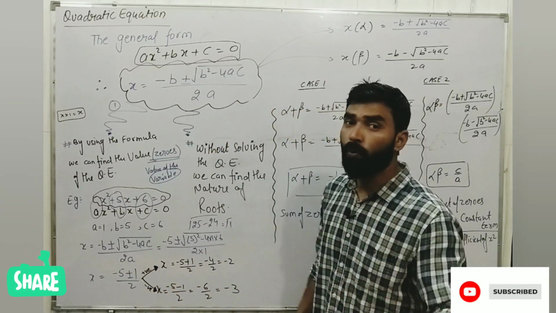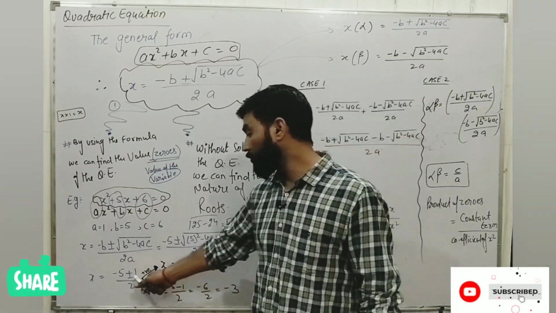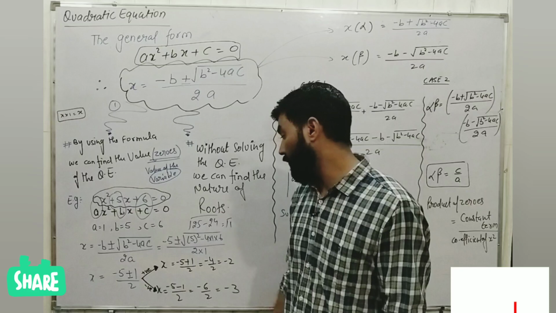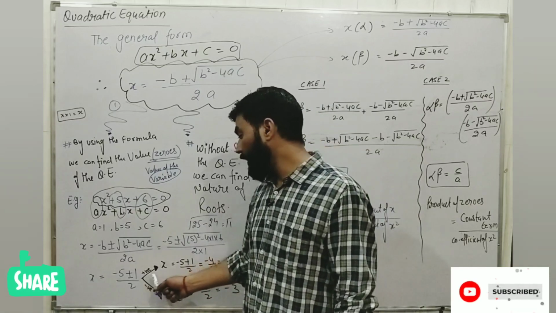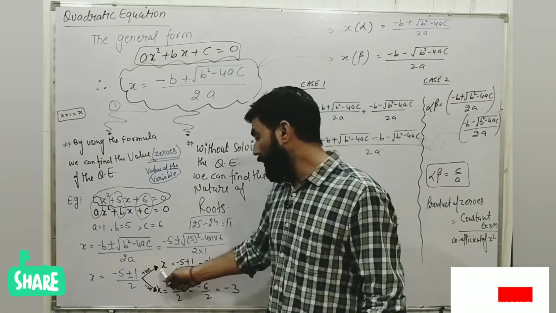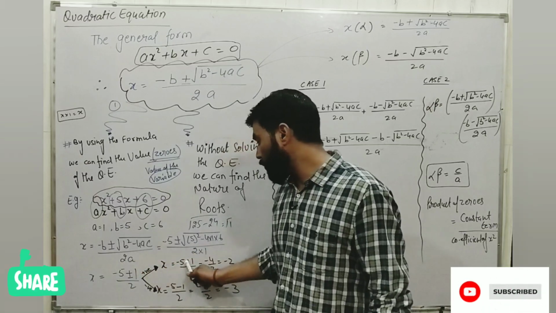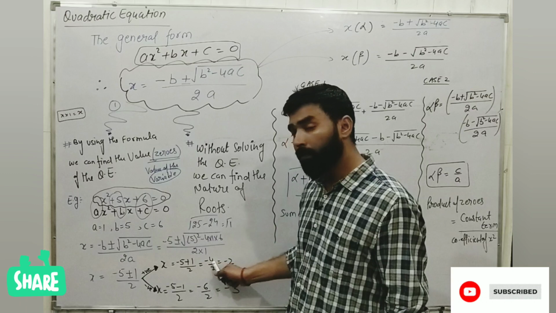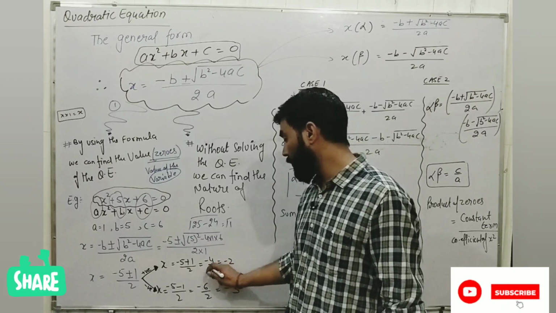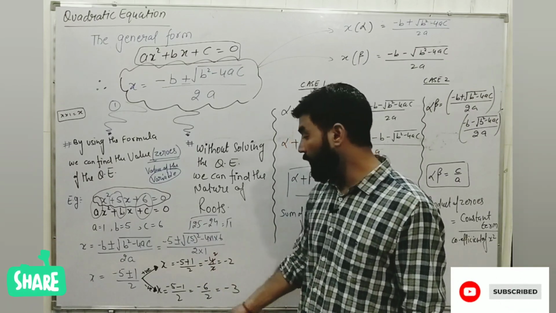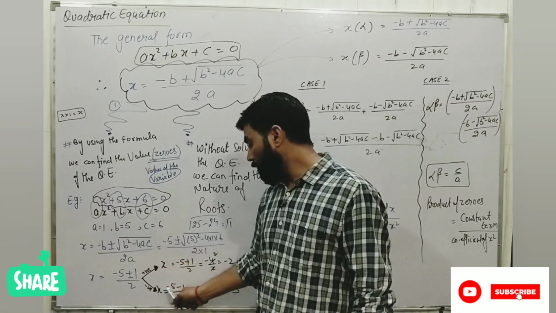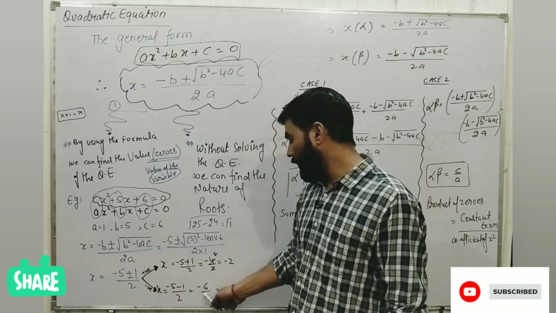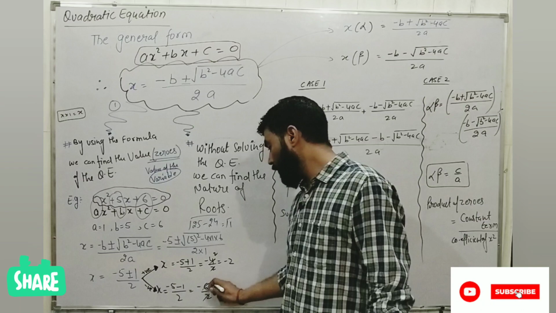Now here two cases are there. Either the value can be positive over here or the value can be negative. When we take the positive value, x is equal to 5 plus 1 divided by 2, so 6 divided by 2, which is 3. Similarly, when you take the negative value, 5 minus 1 divided by 2, which is 4 divided by 2, which is 2.